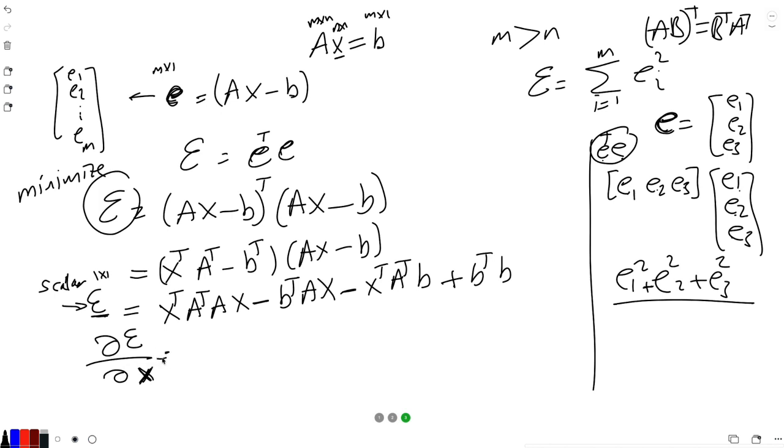To make things clear so that you understand what we are doing here, I will change the color and I will show. Let me first remove this to have more space.